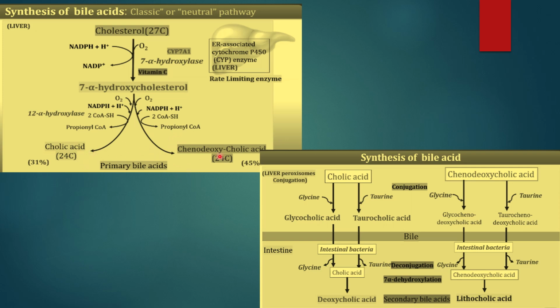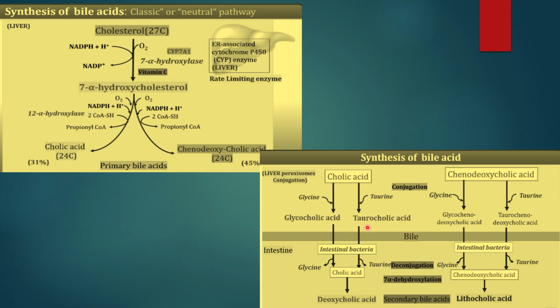From primary bile salts, secondary bile salts can be synthesized. This happens through a liver peroxisomal enzyme conjugation reaction. Cholic acid and chenodeoxycholic acid, with glycine and taurine, are converted into glycocholic acid and taurocholic acid respectively, which are found in the bile.